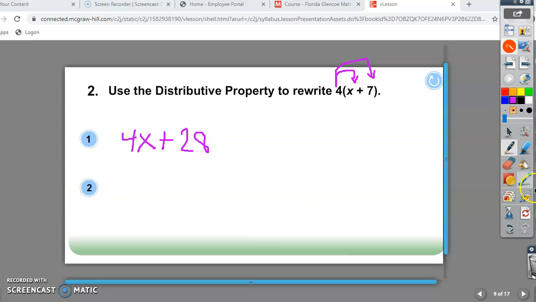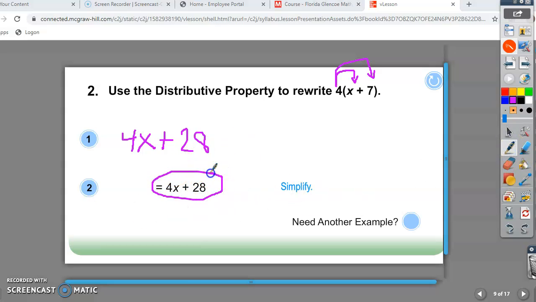And you're done. Now, you cannot do anything with these terms. You cannot add or subtract them. They are unlike. In order for you to be able to combine terms, you must have the same variable. So the 4x carries the variable x, but the 28 is a constant, does not carry any variables. Therefore, you must leave the answer as is.